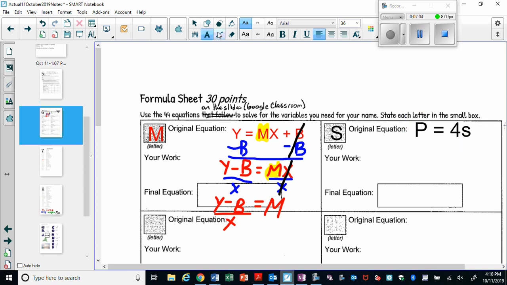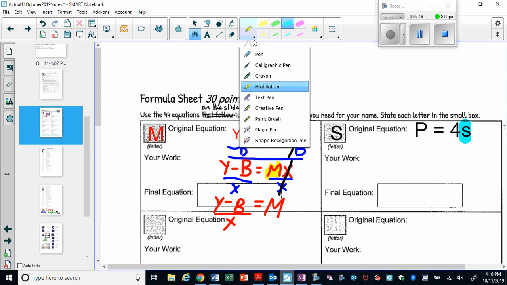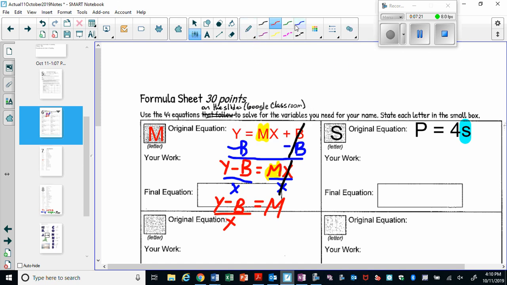So again, the goal is we want to isolate the letter S. And there's really only one step we need to take, and that is the following. We will divide both sides by the 4.